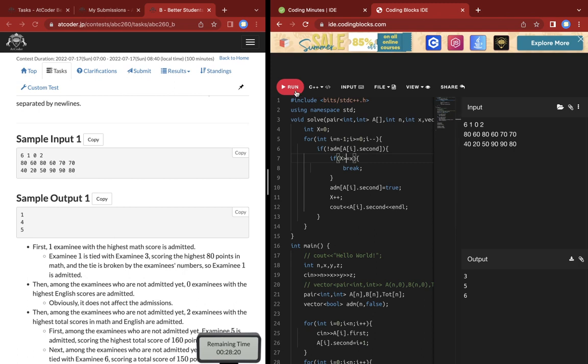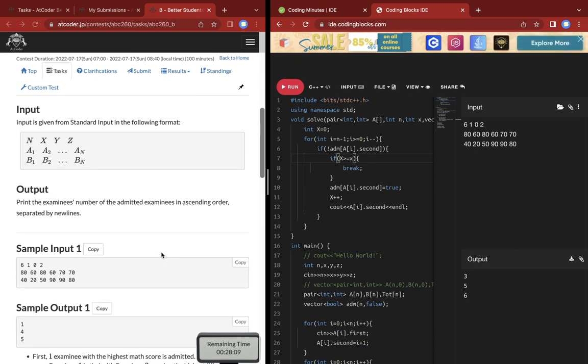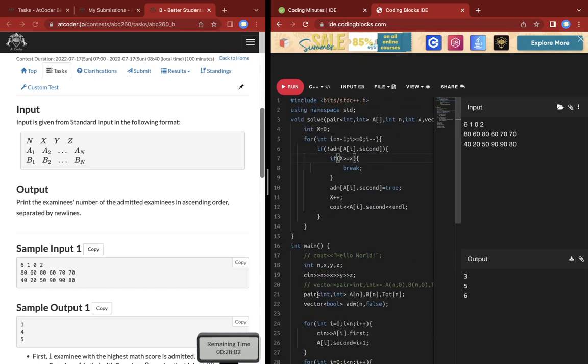Hmm. I mean, this should be correct. Okay. No, this should work.